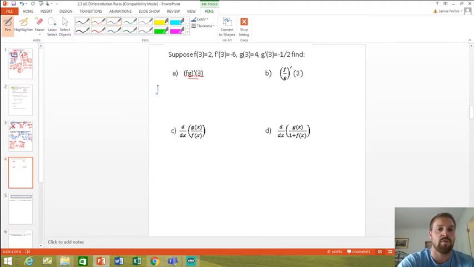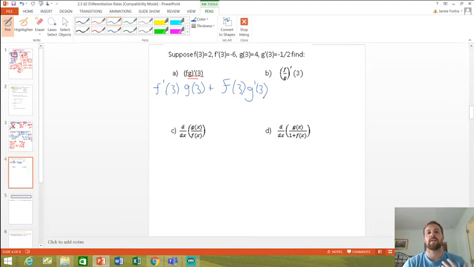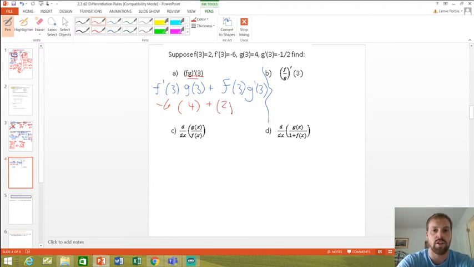It's the derivative of the first, so f prime of 3, keep the second the same, plus keep the first the same, times the derivative of the second, so g prime of 3. So that's just basically remembering the rule. And then we have all those values given above, just plug them in. So that's negative 6, g of 3 is 4, f of 3 is 2, and g prime of 3 is negative 1/2.